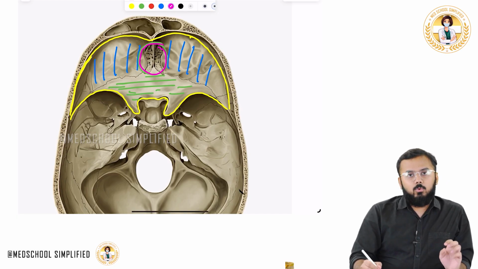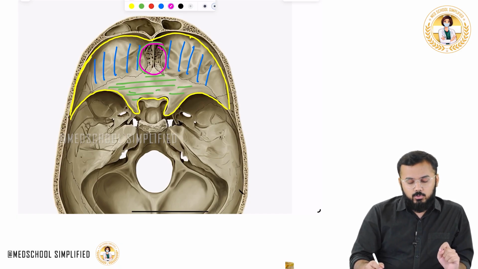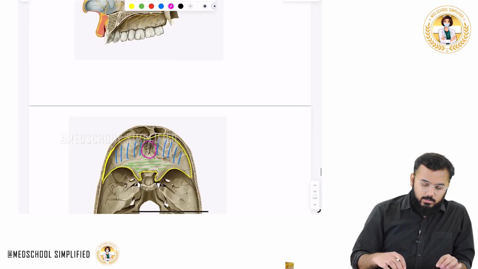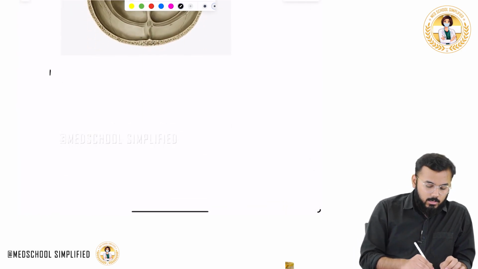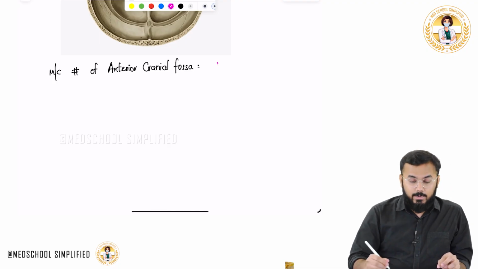Now out of all these three bones, which is the most common bone to be fractured? To know that, first of all you have to know which part is the thinnest part, right? So this cribriform plate is the thinnest part, and this is the most common in the anterior cranial fossa to get fractured. So what is the most common fracture of your anterior cranial fossa?